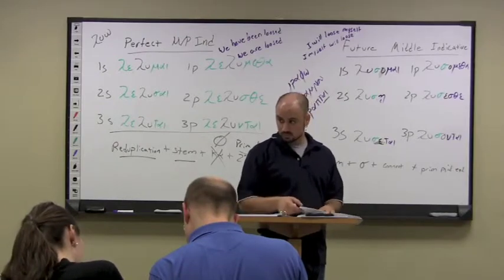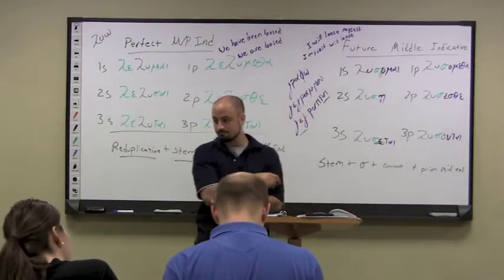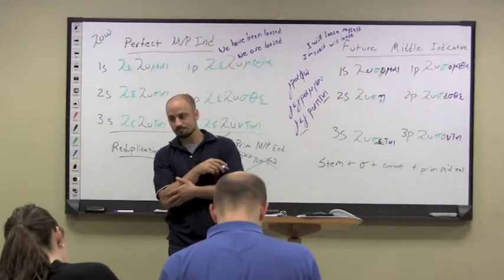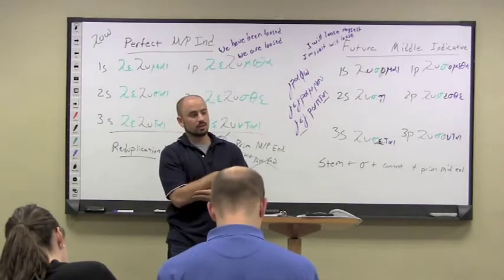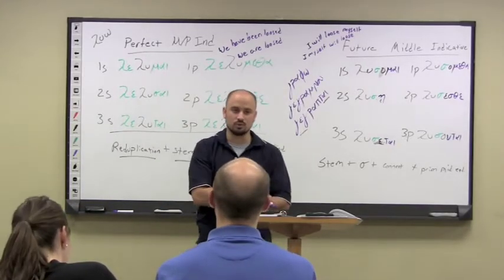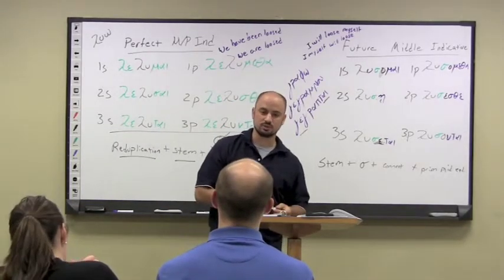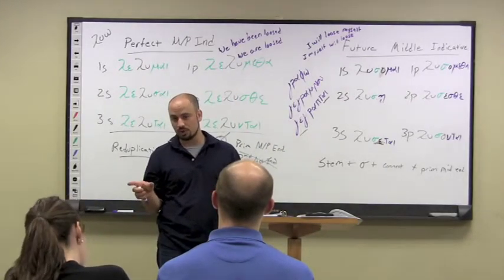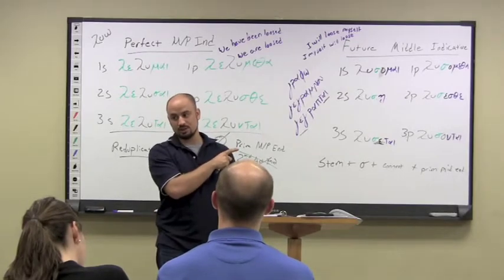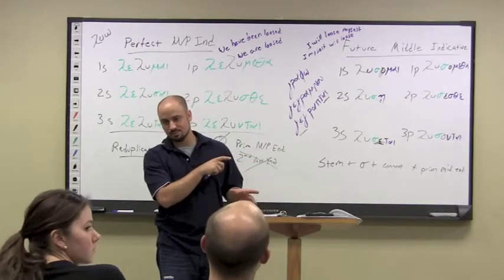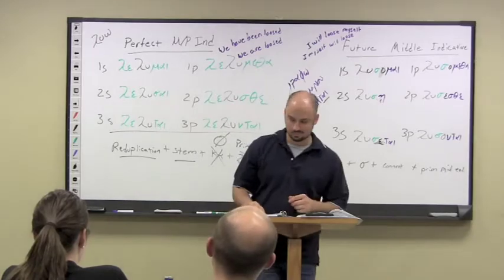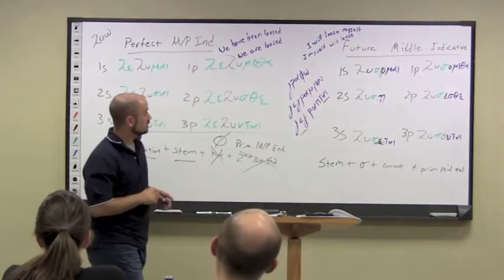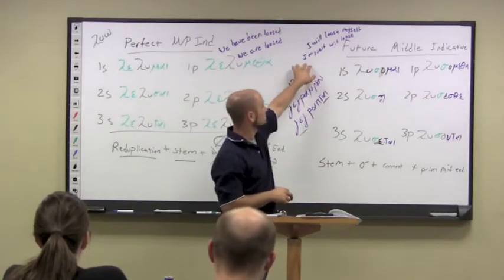So it's still middle if I said, I myself will loose the knot. The more complicating thing later is you can have an active form of the verb with a reflexive pronoun, and it still be translated as if it were middle. And that I myself will loose was called a what? I myself will loose is the intensive use.